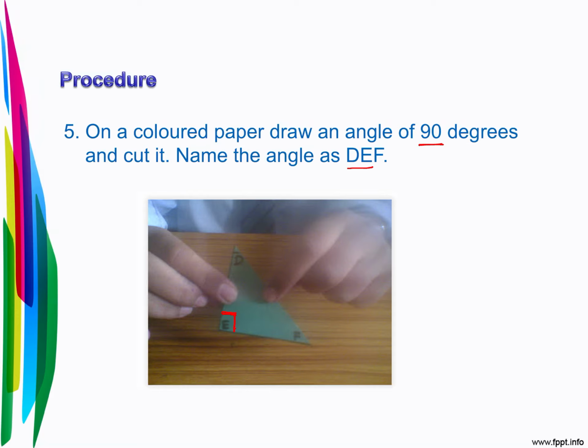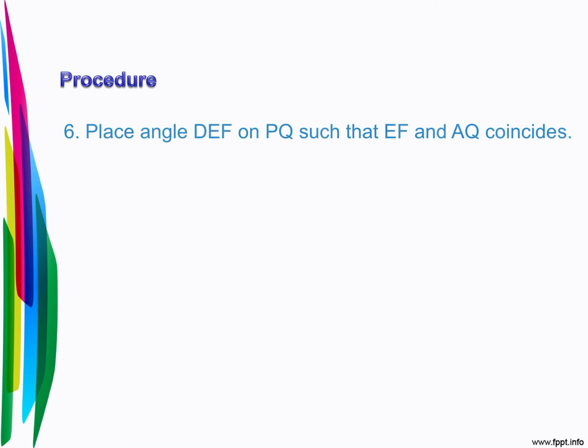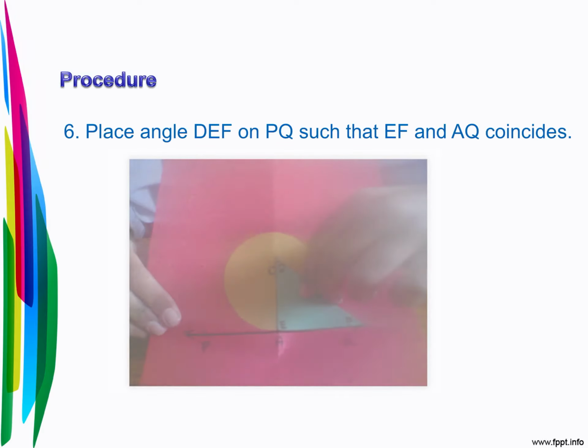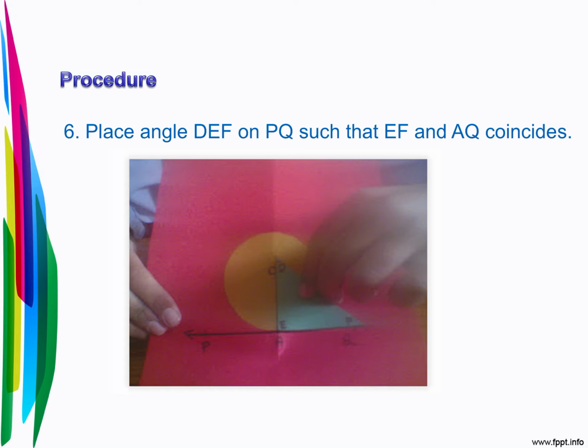Now in the next step, place angle DEF on PQ such that EF and AQ coincide. Now we are going to place this angle DEF on PQ such that AQ and EF coincide with each other. So what we observe here?